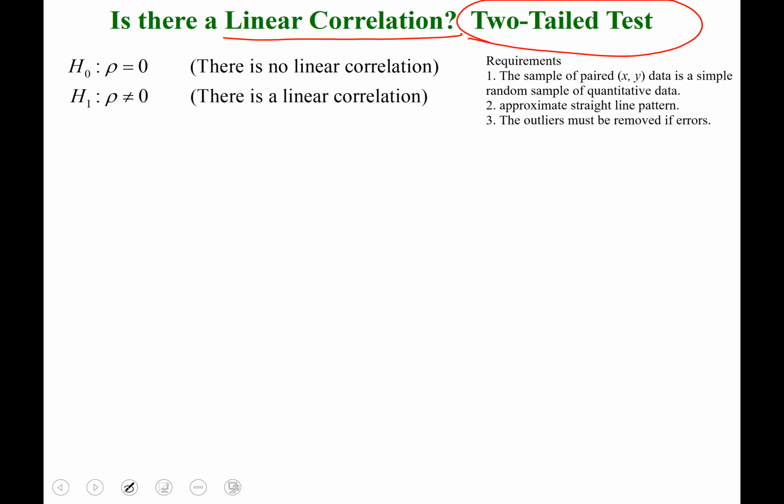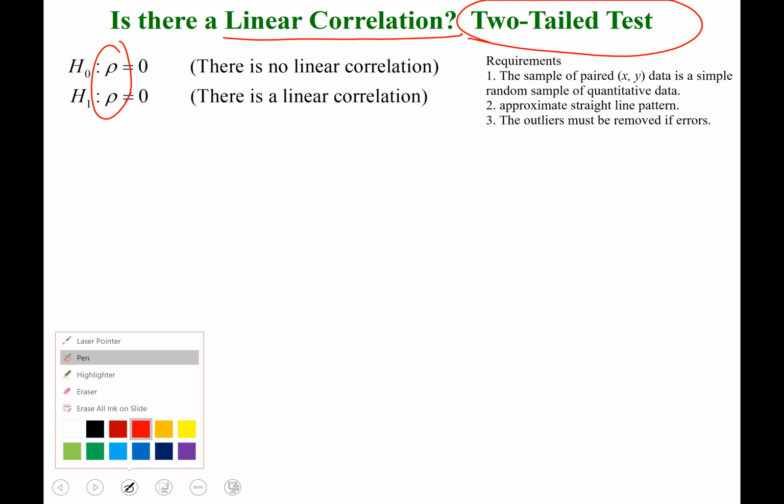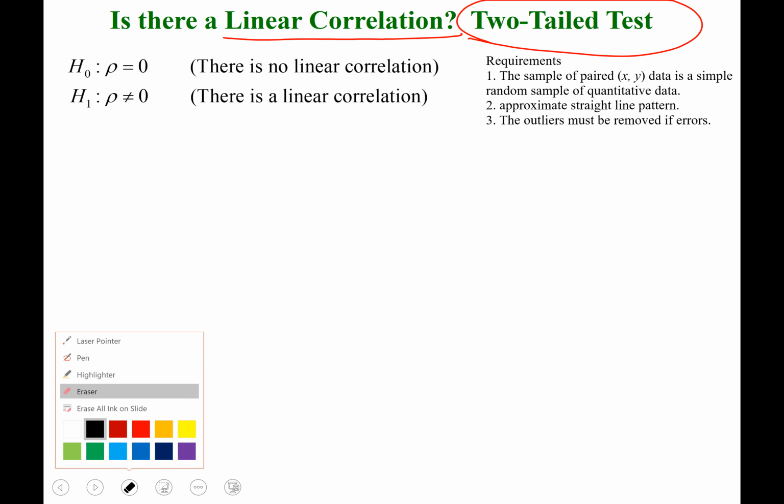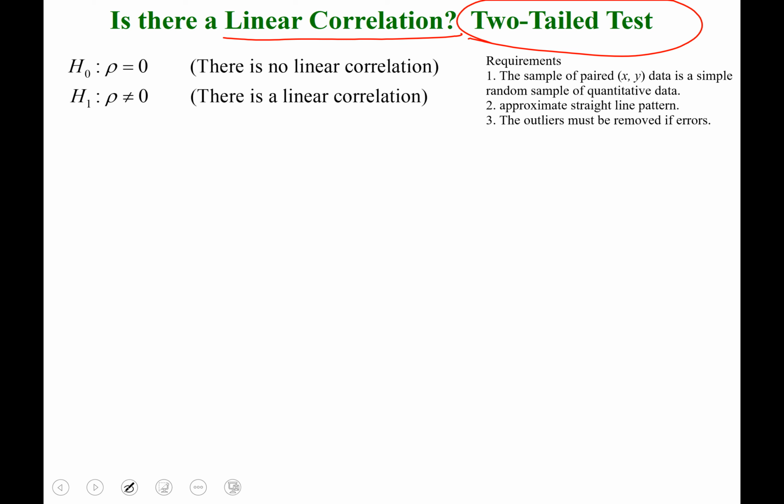So to set the two-tailed test up, we use 2 capital H's, which you guys are used to, sub naught and sub 1. Your variable this time is going to be rho, because they're asking us about a correlation, and we're going to have it equal to 0. And let me erase my circle there because it covered up the does not equal sign, which is important. Your alternative hypothesis would be does not equal to 0.